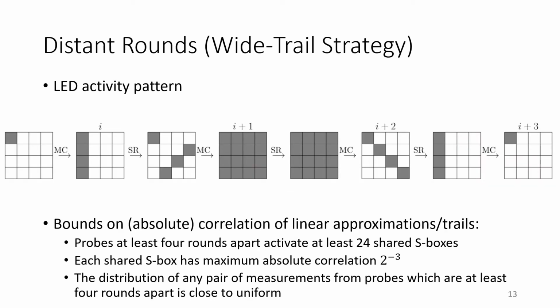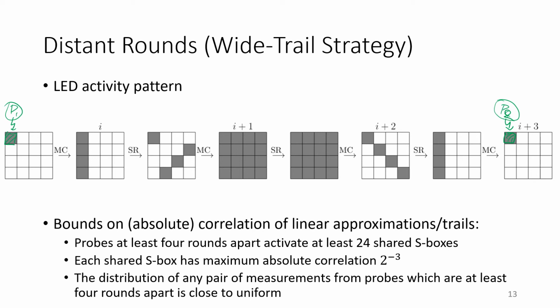So the story changes for distant rounds. In fact, we see that for distant rounds, the adversary can probe, let's say, round 1 and round 4 of the masked LED. And then you see that there are trails possible between input mask P1 and output mask P2, which means that the observations from the two probes are in fact correlated.